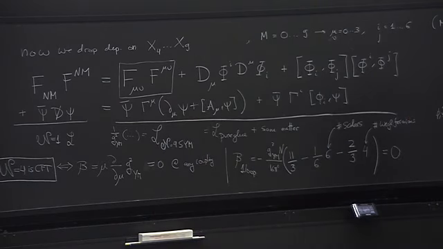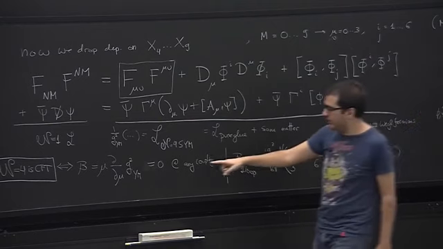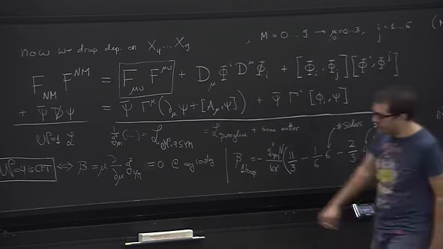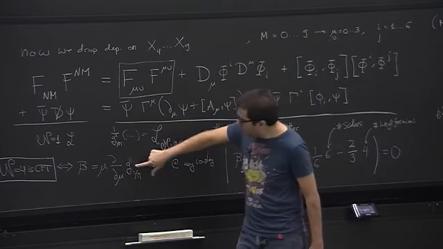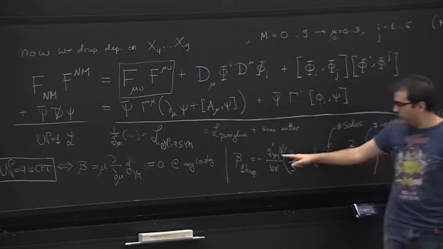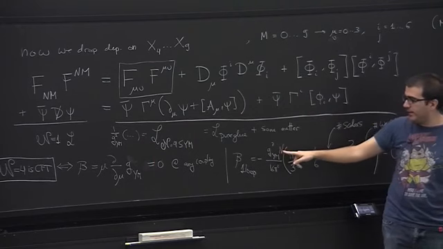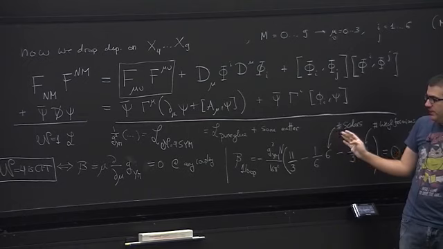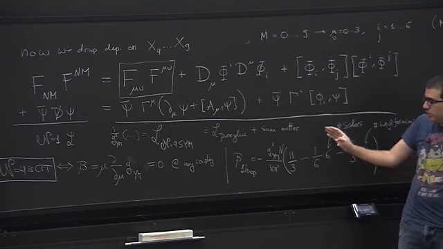By the way, as I said before, the beta function of this theory is the derivative of g Yang-Mills squared, the way I defined it, with respect to the coupling. Here you get g Yang-Mills cubed times n. You might ask, if I want to take n to infinity and have something held fixed, what should I do?